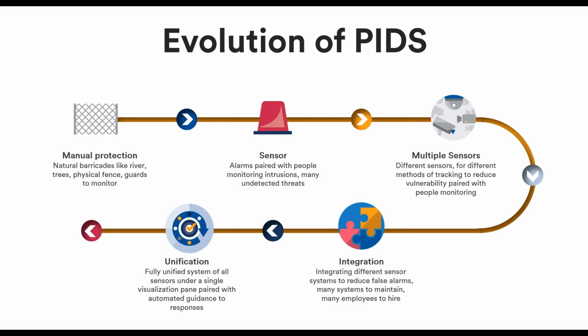Systems then evolved into multiple sensors for different methods of tracking to reduce vulnerabilities, paired with people monitoring. Then came integration of different sensor systems, reducing false alarms, consolidating all devices on one platform. And lastly, unification of all sensors under a single visualization pane paired with automated guidance to responses.